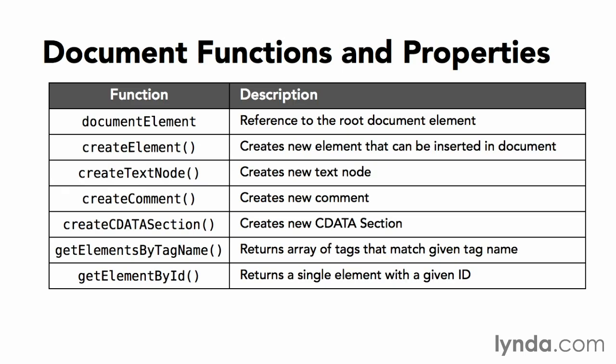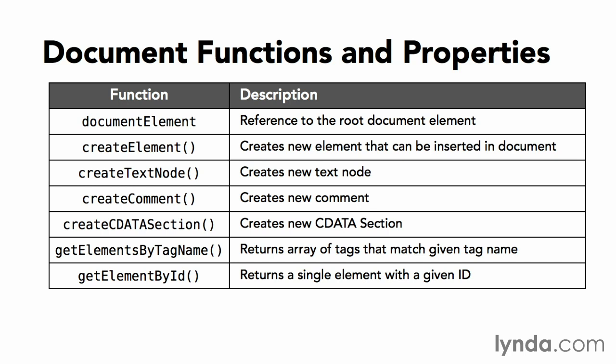There are also properties for doing things like accessing and creating document content. For example, the document element refers to the root document element. There are create functions like create element, create text node, and so on that allow you to create new nodes of the relevant type. There are also functions for accessing nodes in the document.